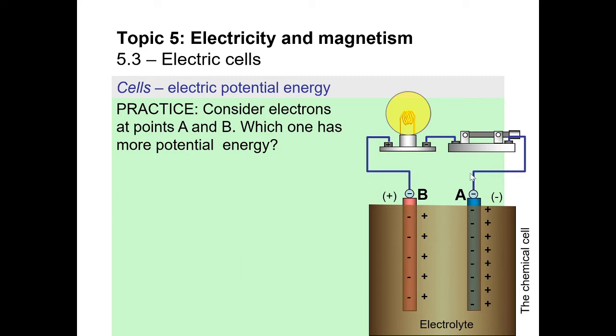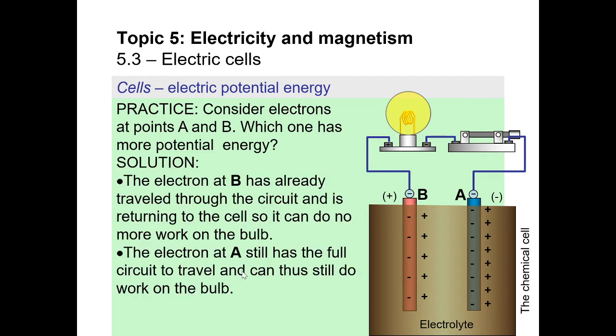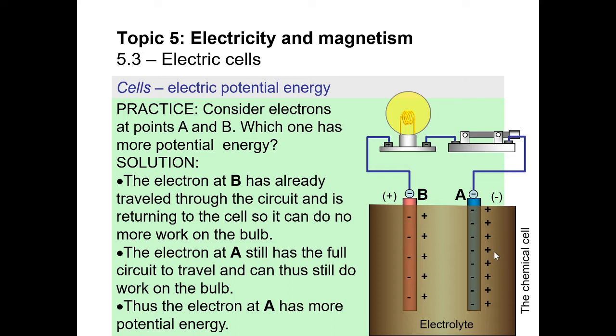The more it has traveled through the circuit, the closer it's getting to the surface of the Earth, or in this case, the closer it's getting to its equilibrium, which is right here at point B. So when this electron is moving through, it's losing its electric potential energy slowly, but it's gaining kinetic energy, right? Once it gets to point B, all of its energy has been converted to kinetic energy, and there's no electric potential energy left. So the idea is at point A, it's all electric potential energy.